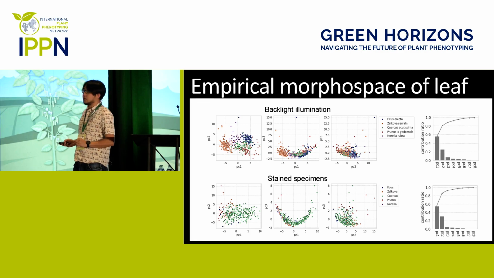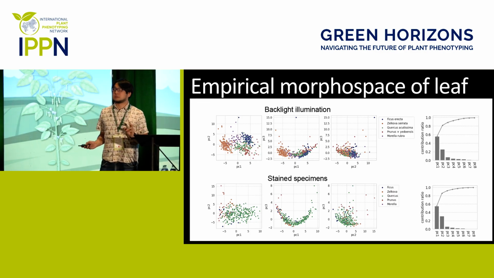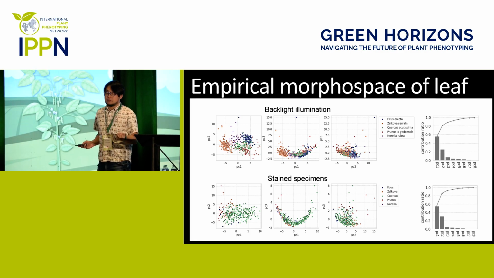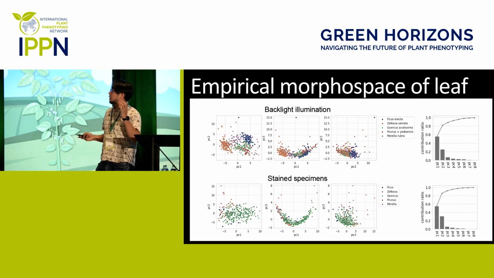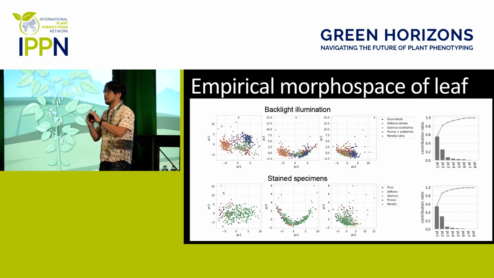That one is the summary of the network features calculated based on the untreated leaf images and the cleared leaf images. We just apply PCA on the network features of the untreated and the cleared leaf images separately, right?